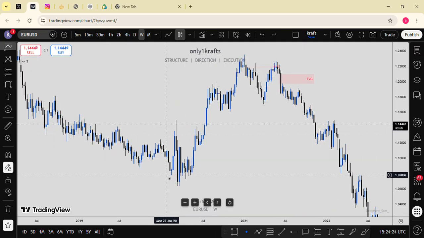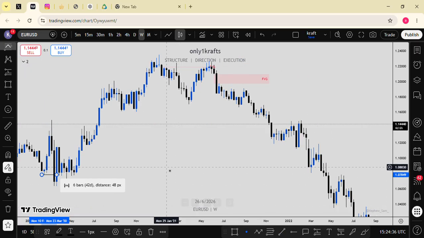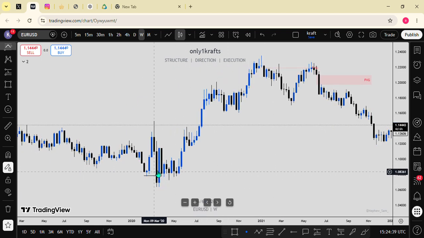And sometimes with fake outs, you can have a candle close like this scenario now. Would you say this is a breakout structure? No, I wouldn't classify this as a breakout structure. Why? Because after this candle sold down, the next candle that opened showed a real displacement.